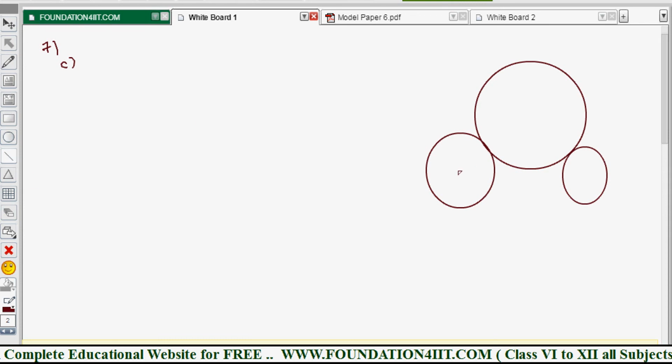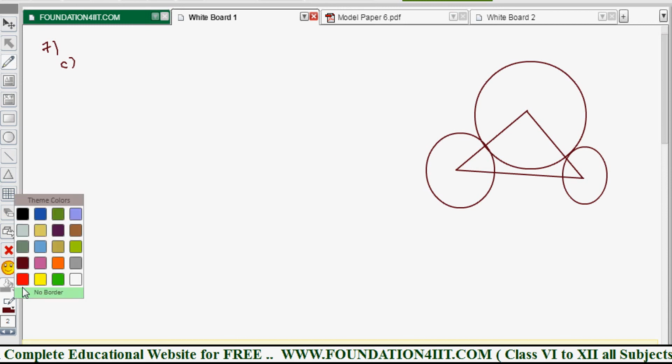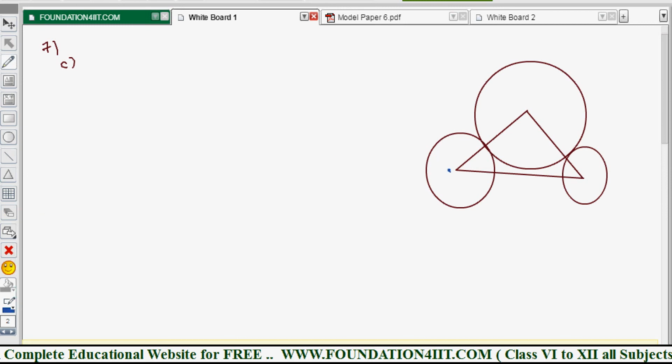Let X and Y be the centers, and Z the center of the circle touching both externally. The distance between X and Y is 17 centimeters, and the angle is given as 90 degrees.